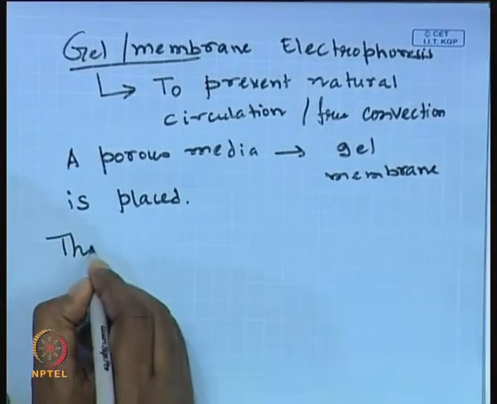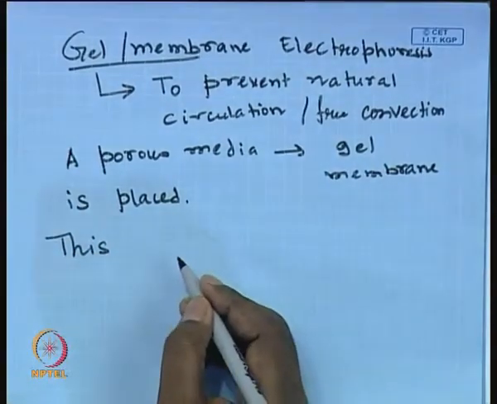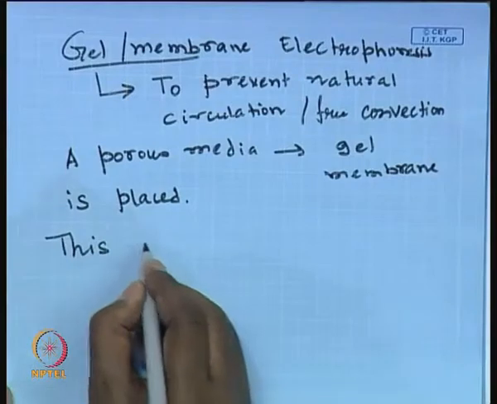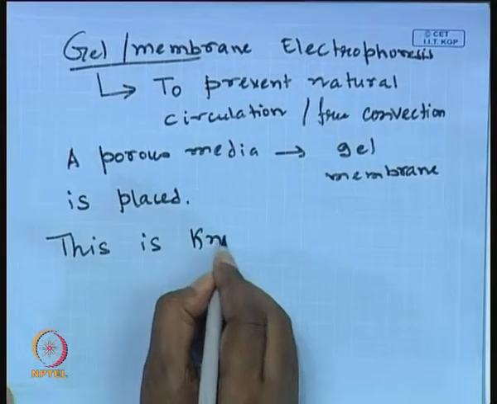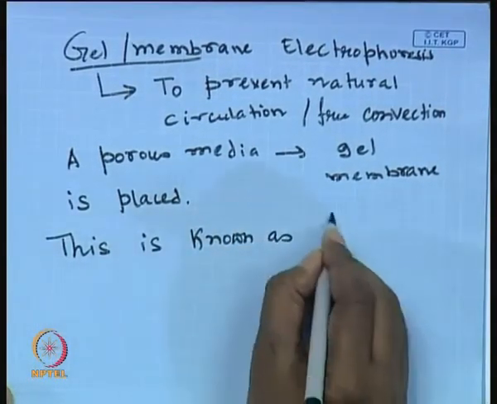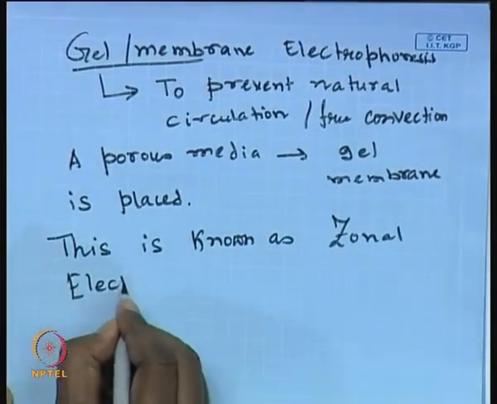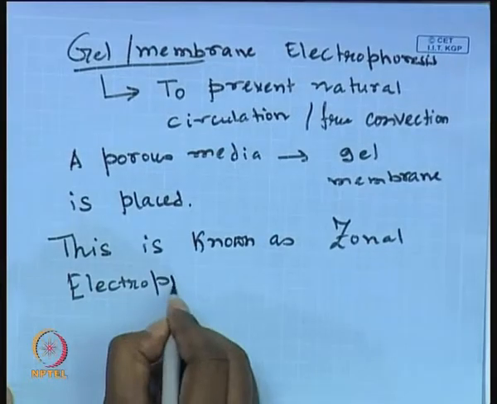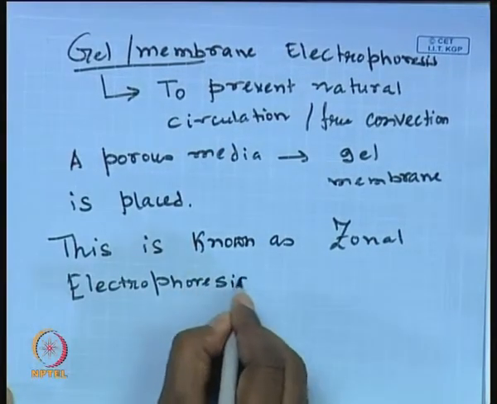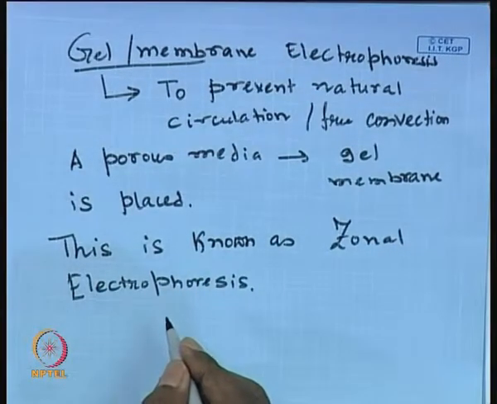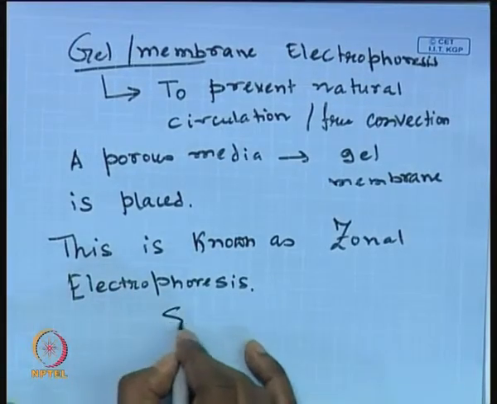When you conduct the electrophoresis in the presence of the gel or membrane, this is known as zonal electrophoresis, and the system behaves exactly like a chromatographic column.